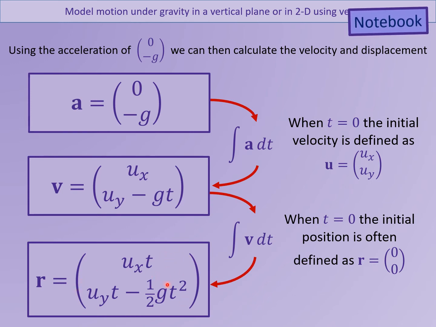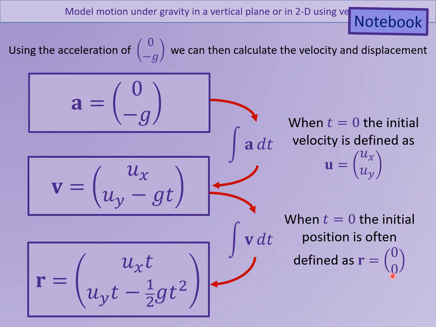Bottom line, s equals u in the y direction, so that's uy t, minus a half at squared. Acceleration is minus g in this case, that's why we get minus a half gt squared. So we've got both of those equations either through integration or by using Suvat. It doesn't really matter, they're both linked, they're both exactly the same. Some of you might prefer to think of it as Suvat equations though.